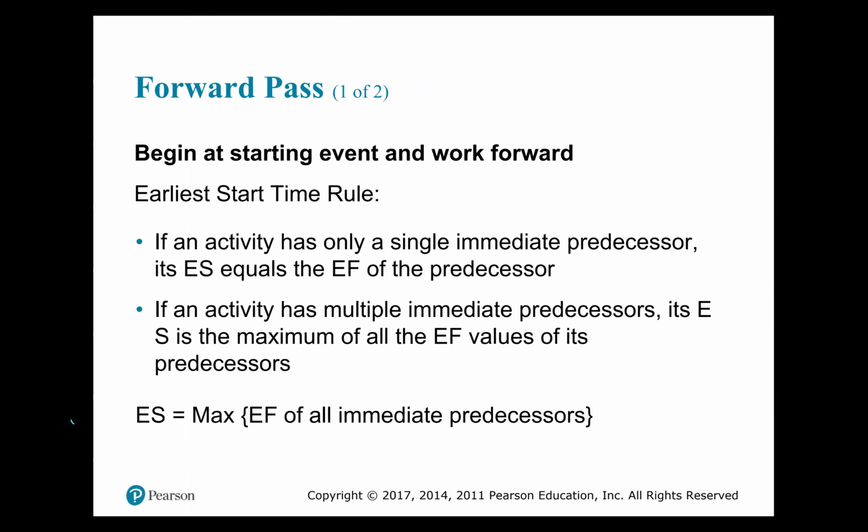Now, before we begin to actually make the forward pass, we must have a knowledge of the rules, right? For the forward pass, we're going to begin at the start event, and then we're going to work our way from left to right in the network.